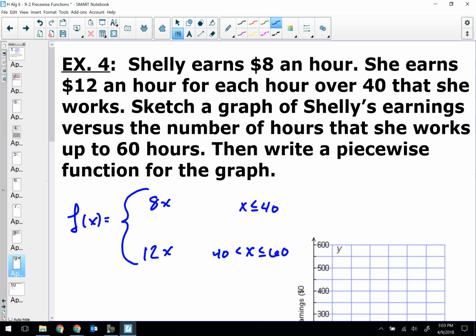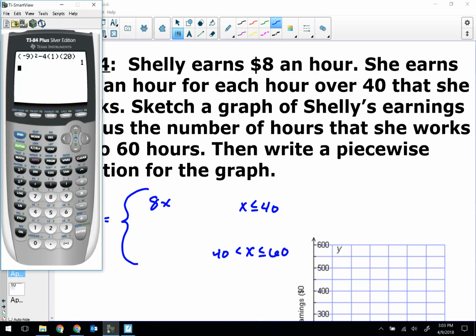Because I'm not making $12 an hour on all of my 40 hours. Or I'm sorry, say I worked like 50 hours. I'm not making $12 an hour on all of my 50 hours. I'm only making $12 an hour on 10 of those hours, right? So we have to change our answer accordingly.